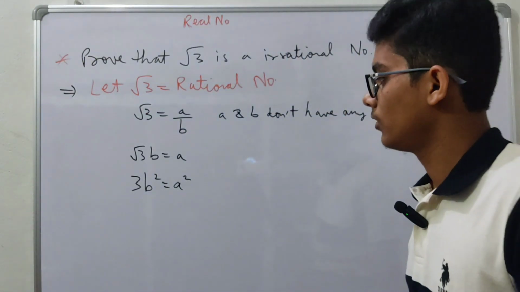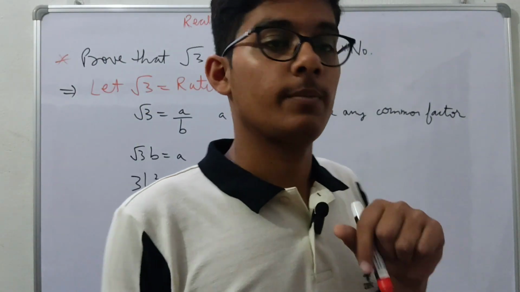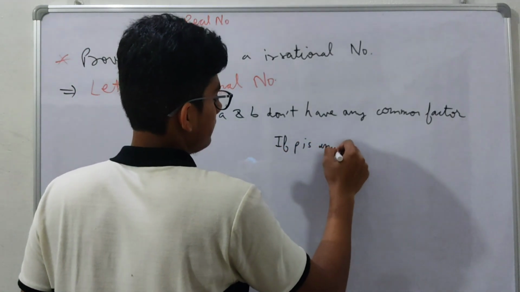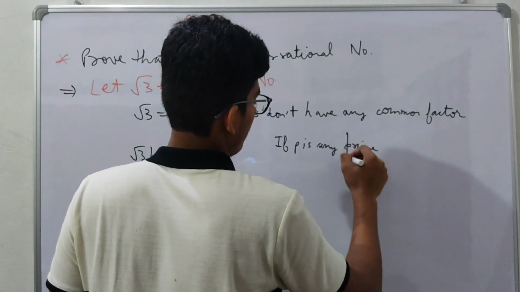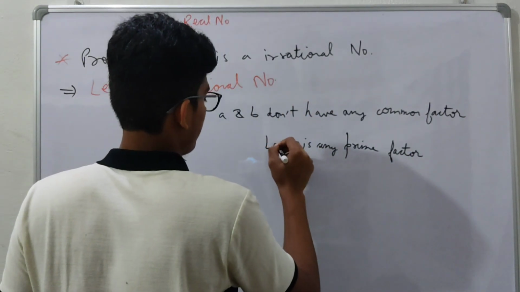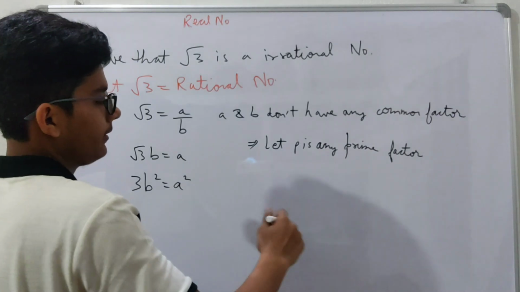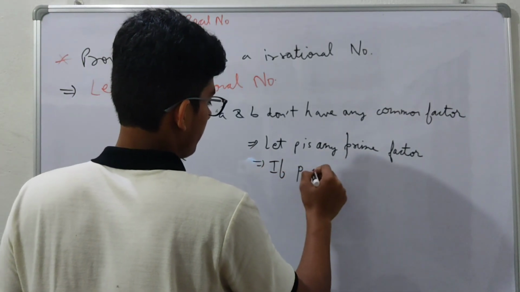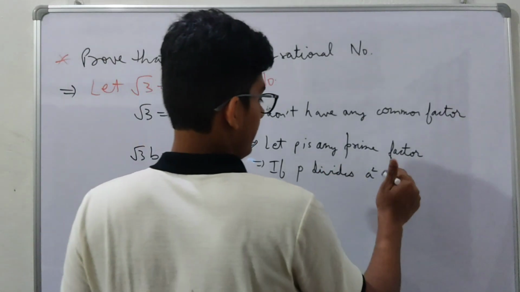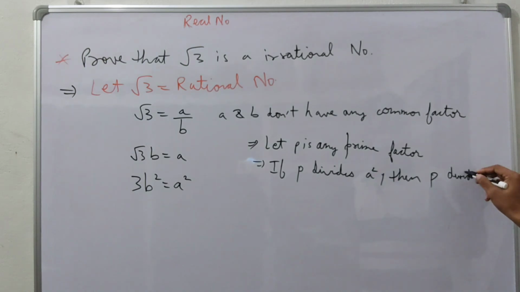Now we have to read a theorem, which is also an application of the fundamental theorem of arithmetic: let p be any prime factor, then if p divides a square, p will also divide a.